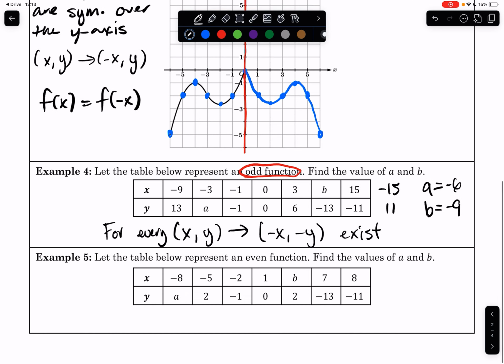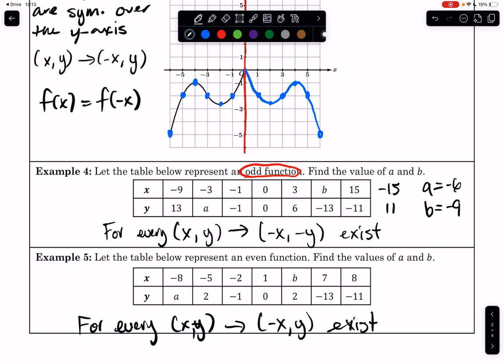Let's look at this last example here. Let the table below represent an even function. Well, again, what's the key characteristic of an even function? That for every x and y that's on the graph, then the opposite x is going to have the same y. That's also going to be a point on the graph.